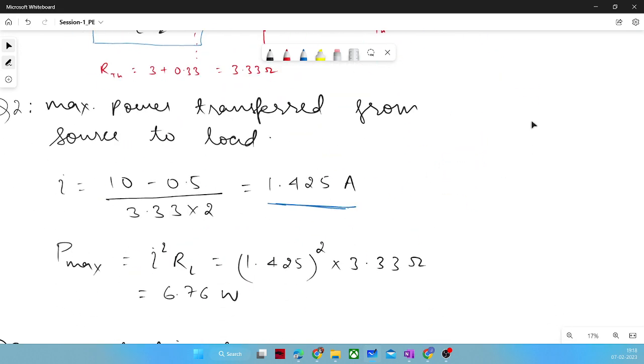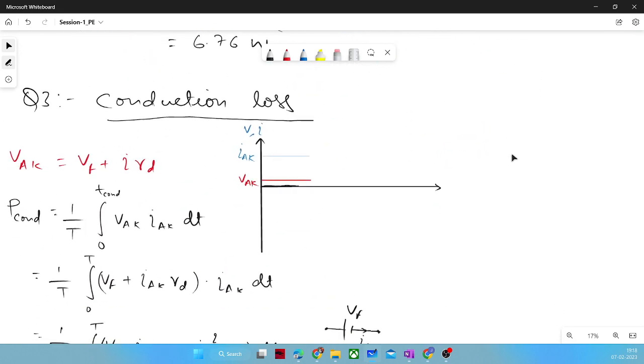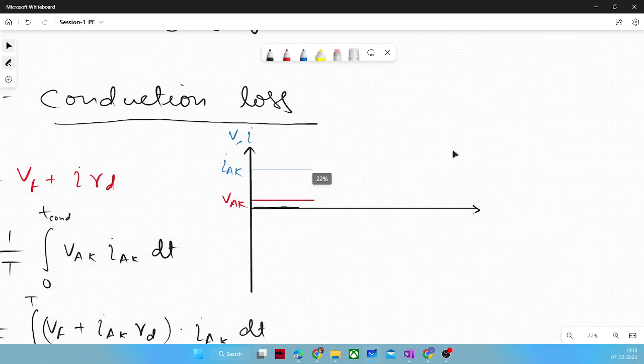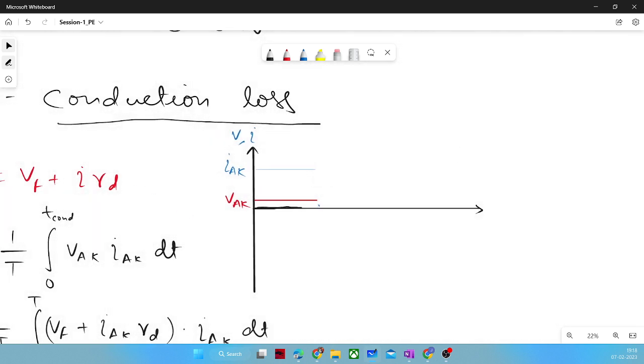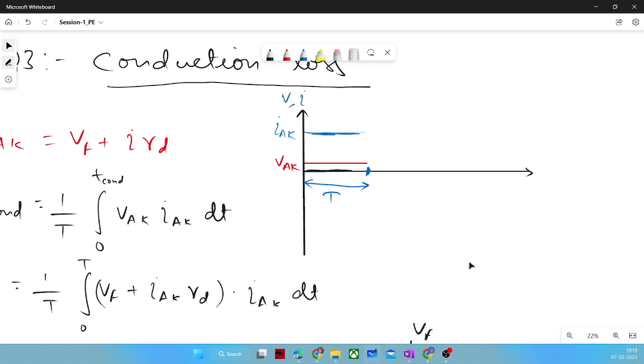There is the waveform. For the sake of conduction, for how much duration it is conducting, we are taking it as one time period.